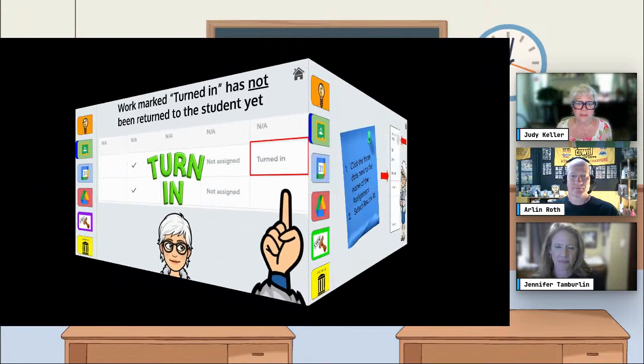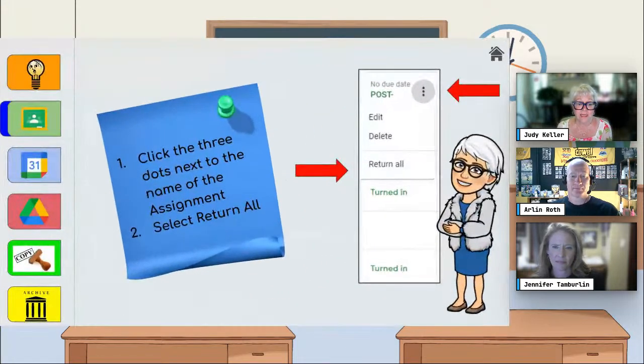So what you need to do is check the three dots next to the name of the assignment and select Return All. When you return all, then you're returning everything in that whole assignment for all of your students at once.